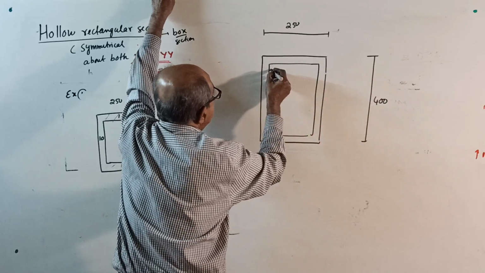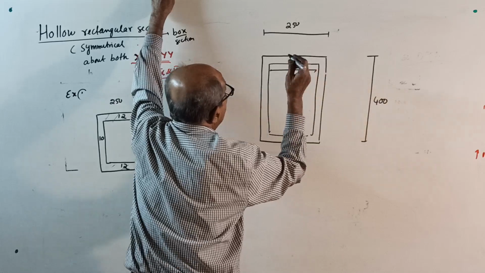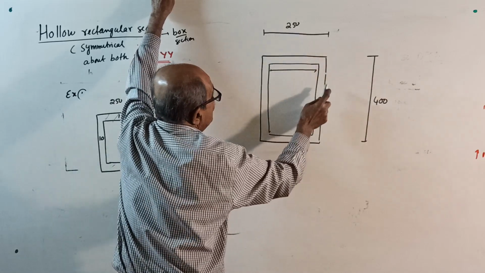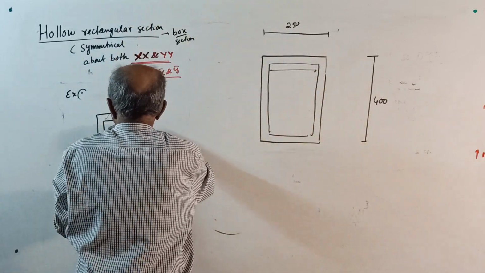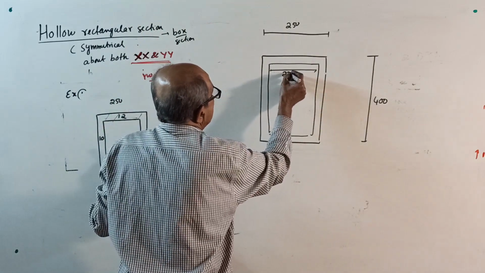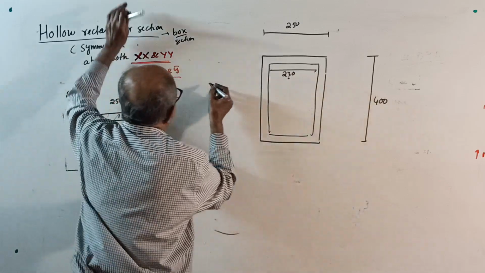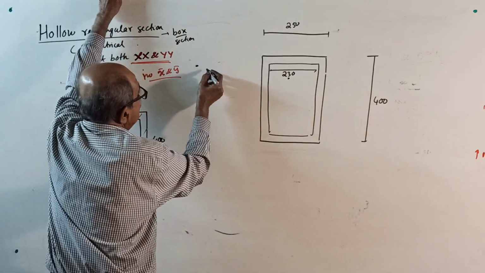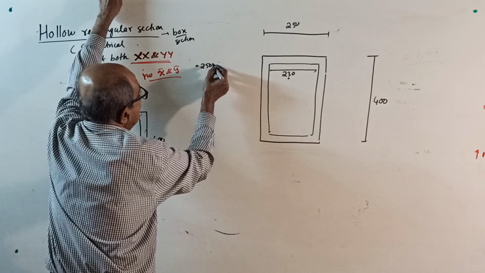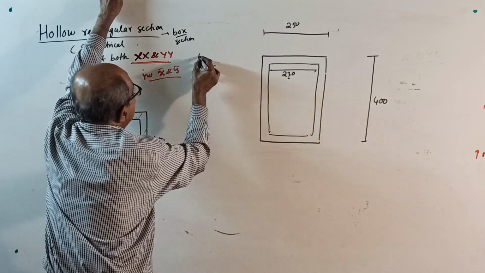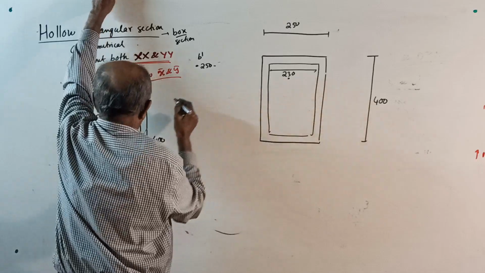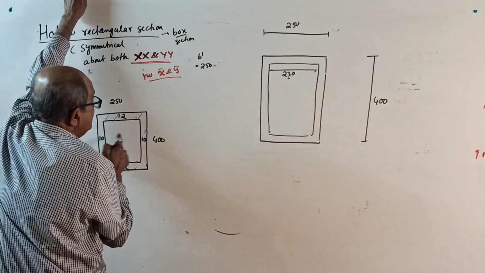This width you require. How much? 250 minus 10 minus 10, 230. I put a dot here. Dot is 230. That is your B dash. 250 minus 10 and 10.